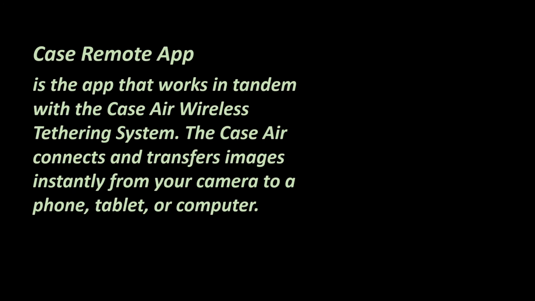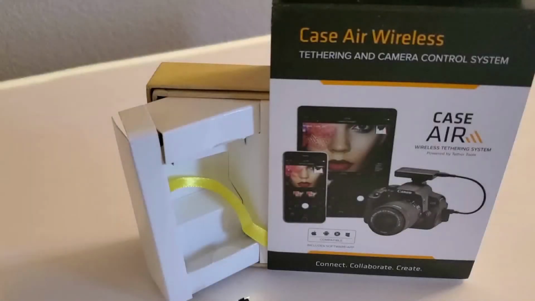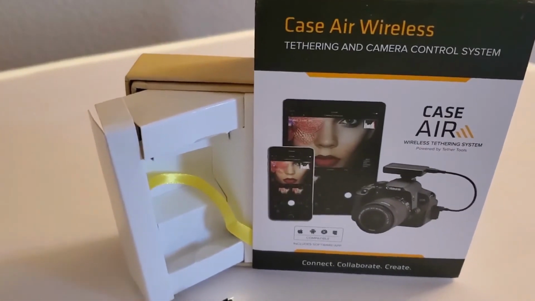Case remote air. Case remote is the app that works in tandem with the Case Air wireless tethering system. The Case Air connects and transfers images instantly from your camera to a phone, tablet, or computer.